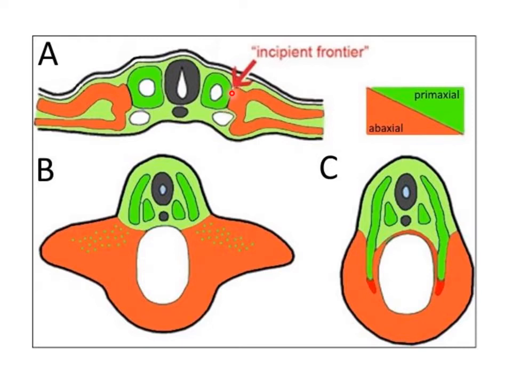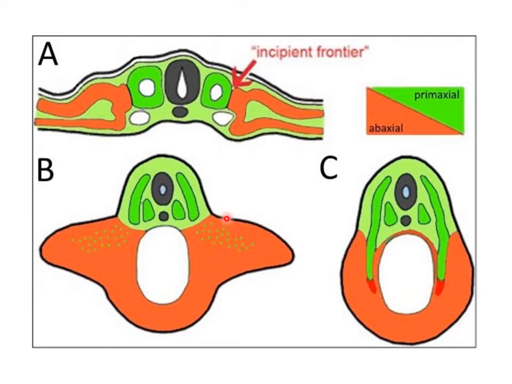Here is the incipient frontier border that separates the paraxial mesoderm or the somites from the lateral plate mesoderm, and it separates two domains of mesoderm: the primaxial, which is in the green color, and the abaxial, in the red or orange color.